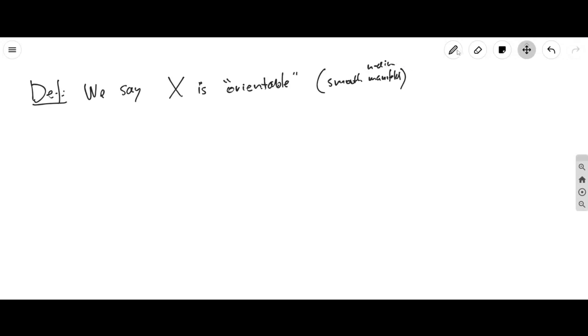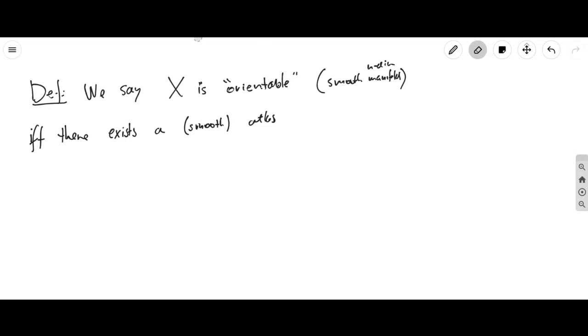So we say X is orientable if and only if there exists a smooth atlas. I'm going to start getting sloppy. I will begin to drop the word smooth. So I will just say atlas, I will just say manifold. It will be understood that things are smooth. If things are not smooth, then we will overemphasize that things are not smooth. But in general, in the subject, we just assume that things are smooth.